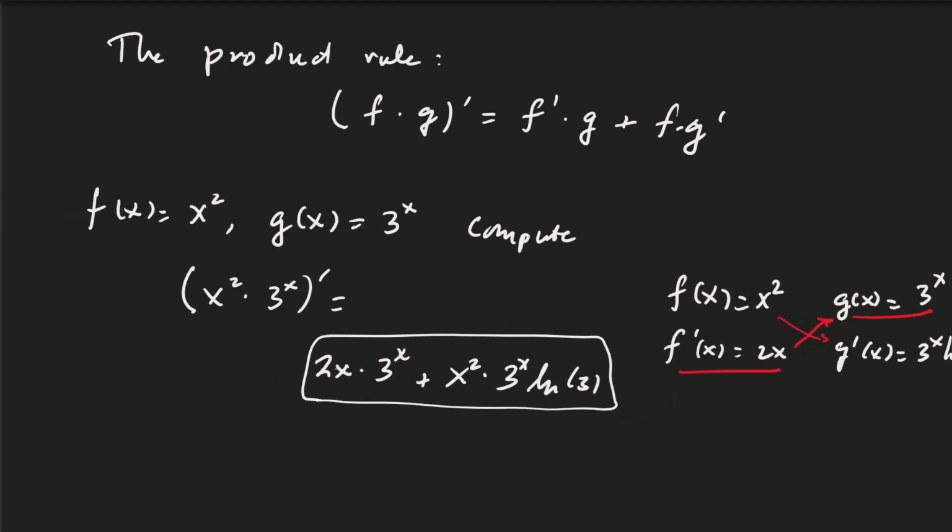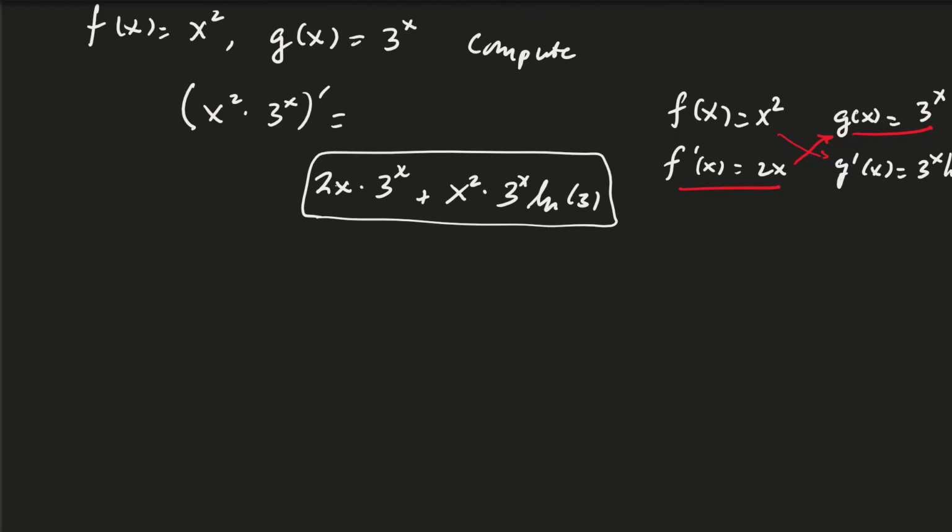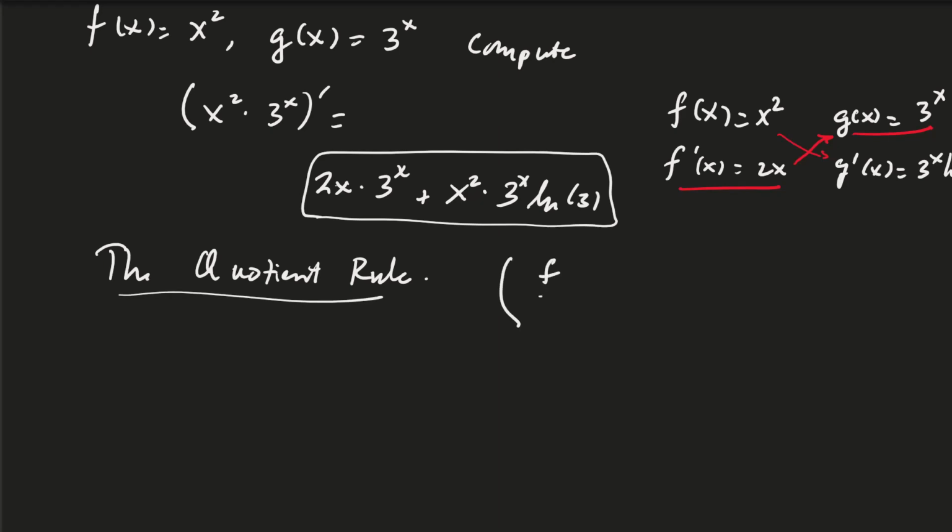All right. The next rule is going to be something that's similar. It's going to be the quotient rule. In this case I want to differentiate f divided by g. And so again, you might guess that this is not going to be just f prime divided by g prime. It's a little bit more complicated than that. In fact, let's just go ahead and write it down here.